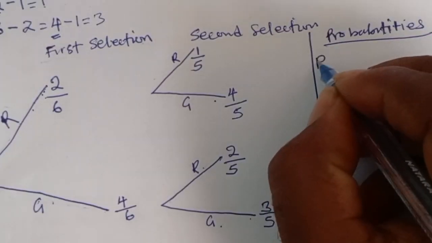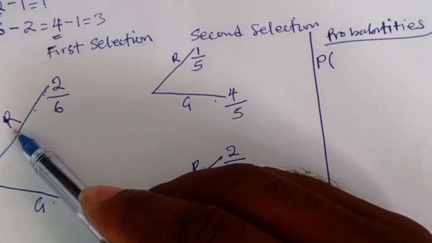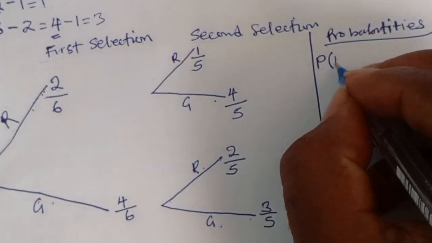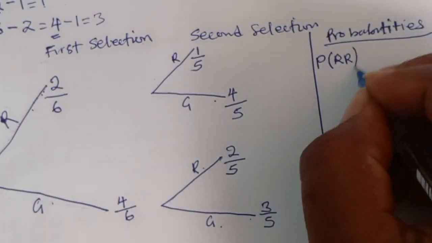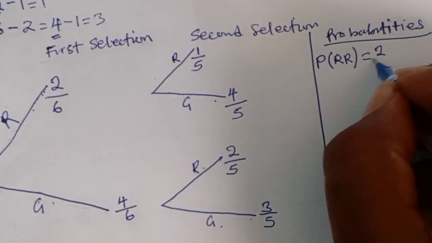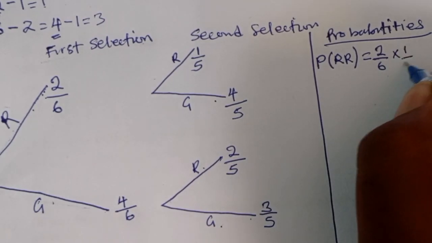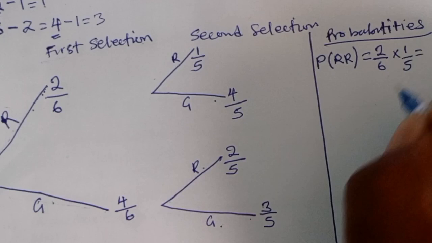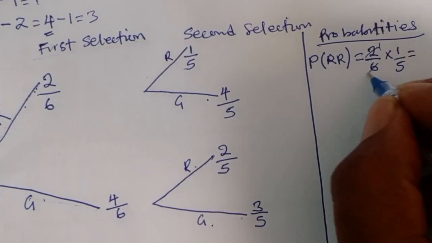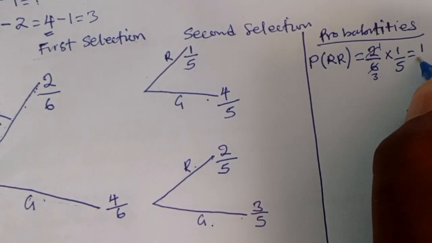So what is the probability of picking red, red? The first red is 2 over 6 times 1 over 5, equals 2 over 30, which simplifies to 1 over 15.